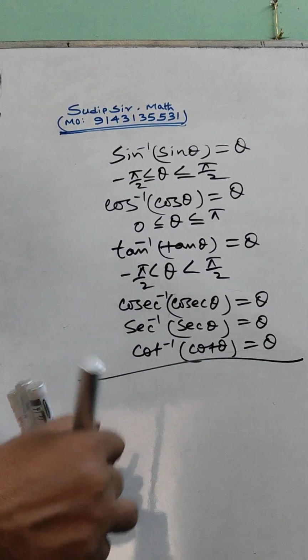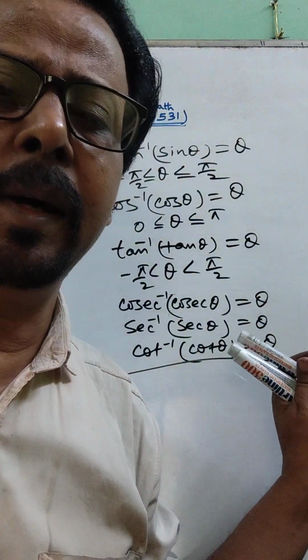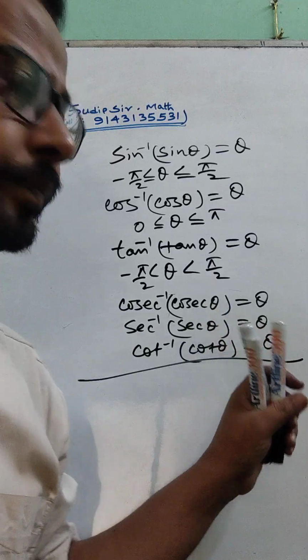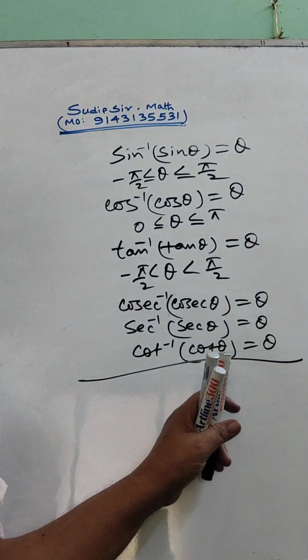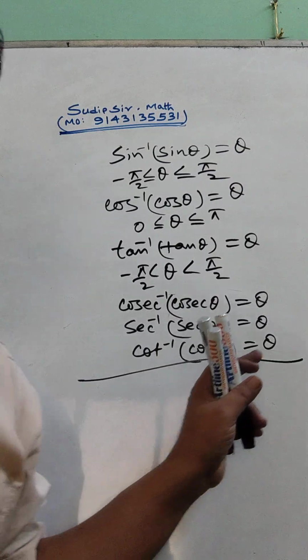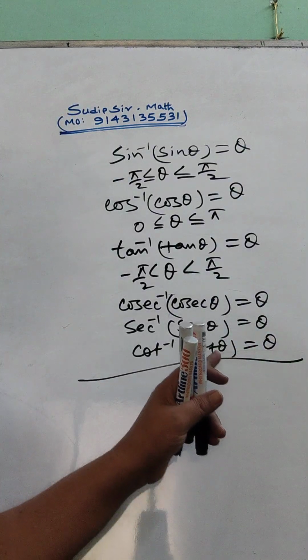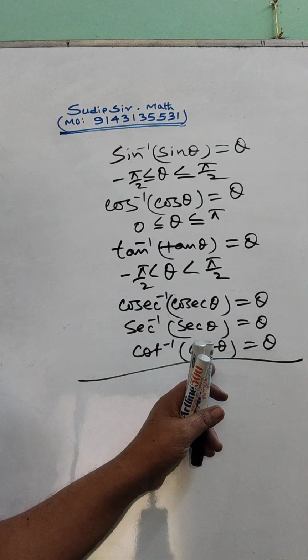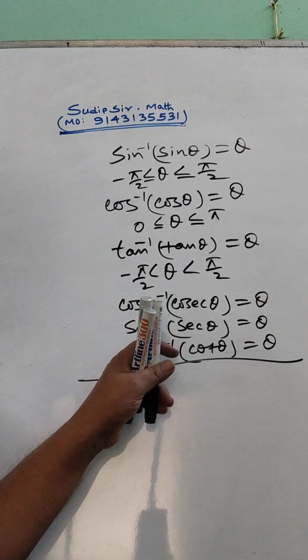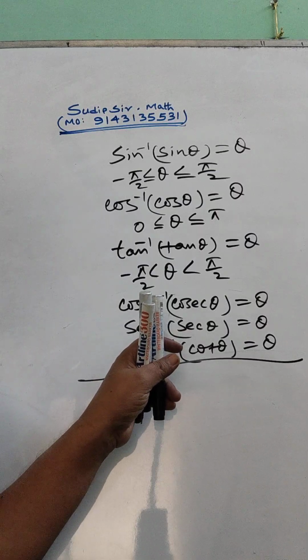But you have to check the range I have given. Within that range only this rule is applicable. Okay. Within that range only, sec inverse or cosec inverse, whatever it is, it will be true.